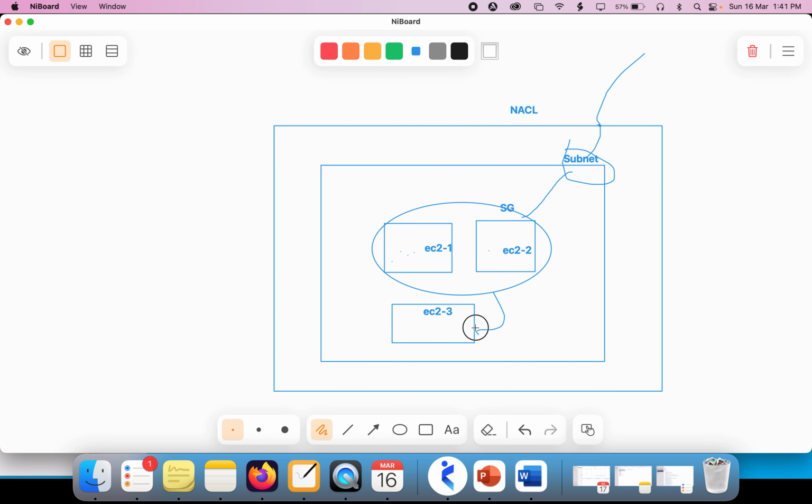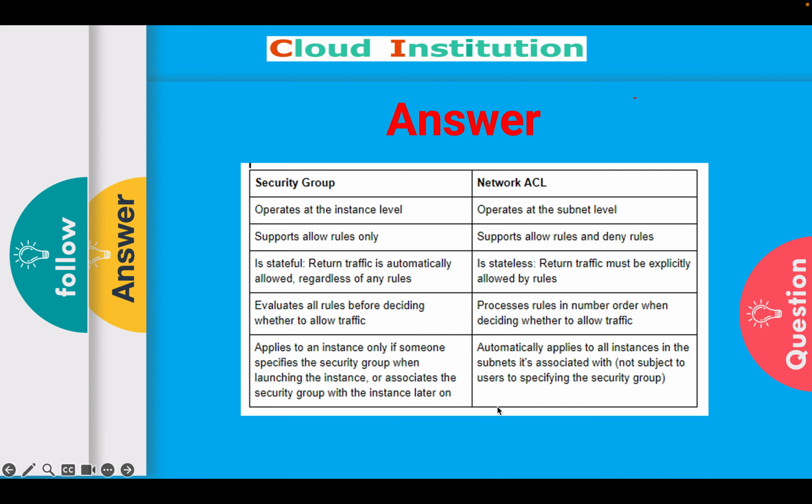It has to be an explicit association. But here, because the NACL acts at the subnet level, all the instances created under the subnet will automatically be secured by the NACL. All the traffic will automatically be controlled by this NACL. That's what the answer is mentioning over here.